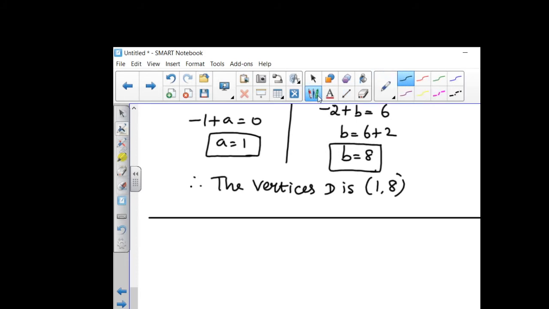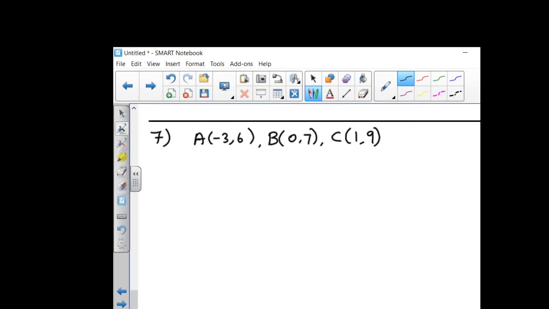Then next problem, question number 7. Okay, the points A minus 3, 6, then B 0, 7 and C 1, 9 are the midpoints of the sides DE, EF and FD of the triangle DEF.